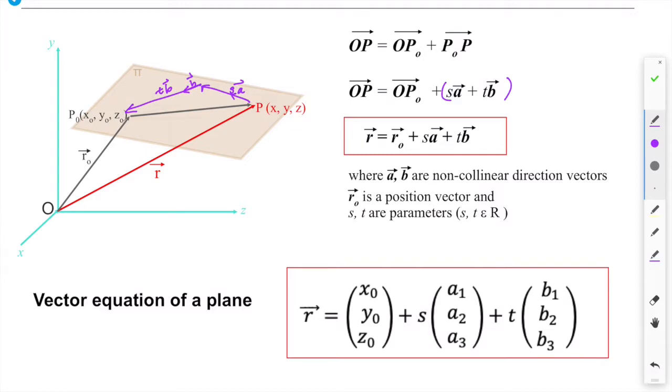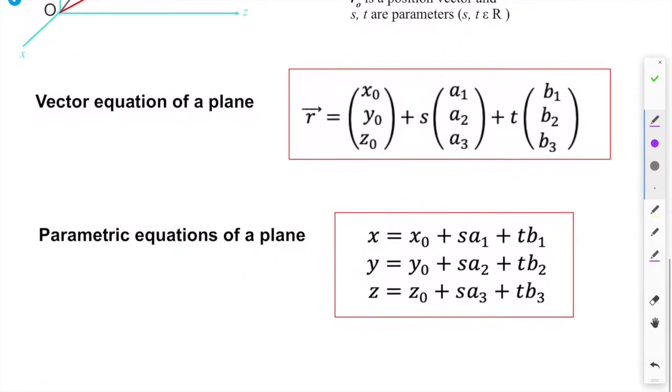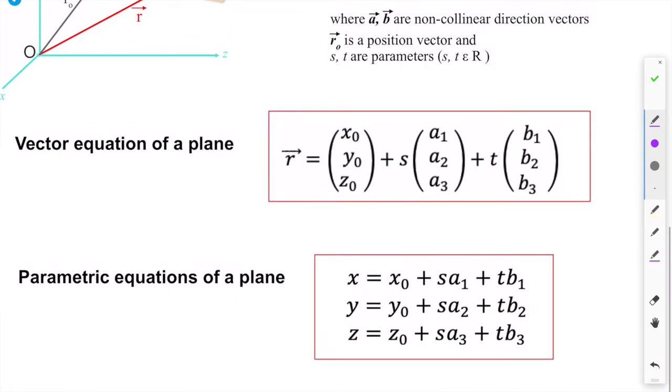Writing out in component form or in column vectors, we say that the vector equation of a plane can be written as (x naught, y naught, z naught) plus S times (A1, A2, A3) plus T times (B1, B2, B3).